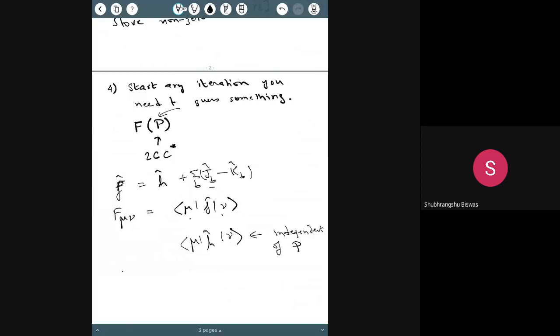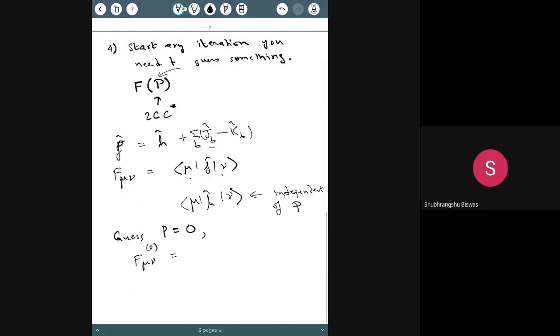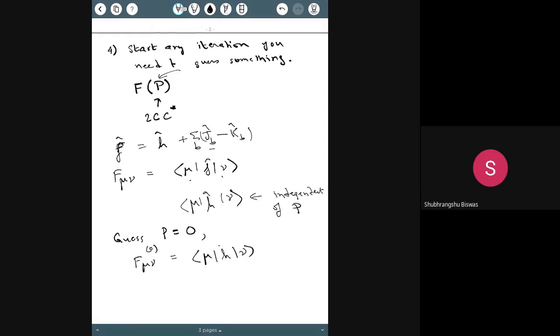If you start with a guess that P is equal to 0, then your guess Fock matrix will be the expectation value of the one electron part of the Fock operator with respect to the basis functions.